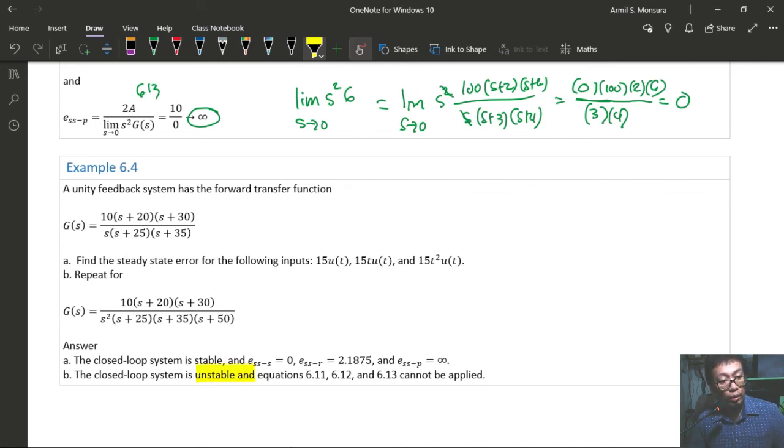So you may want to verify that condition para sa letter B ng 6.4, unstable nga siya, at hindi natin ma-apply yung mga equations natin for the error. Okay, so you may use MATLAB for this one para malaman nyo kung unstable nga siya o hindi. Okay, so ayun.